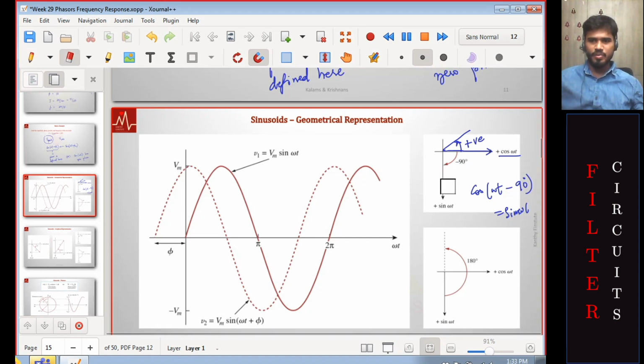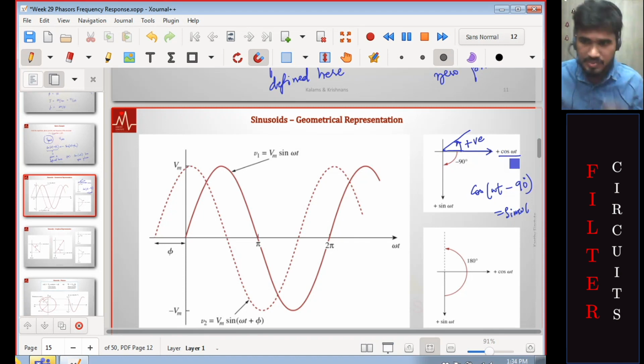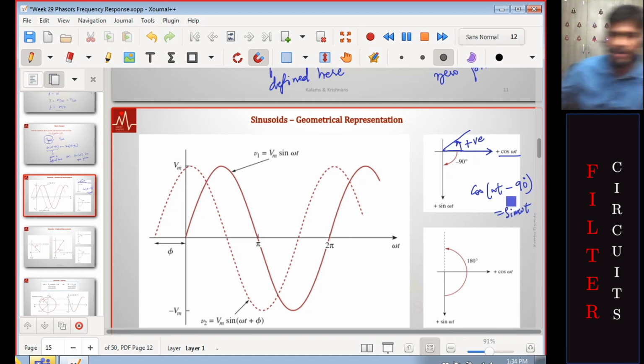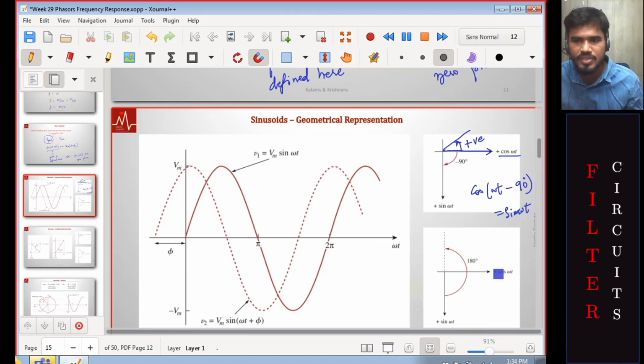So what you need to remember is this x-axis is cos omega t in this mnemonic, let's say, and this downward axis is sine omega t. Okay, in that way, we can get all our relations over here. Let me write a few more relations. So what is sine plus or minus 180 degrees?